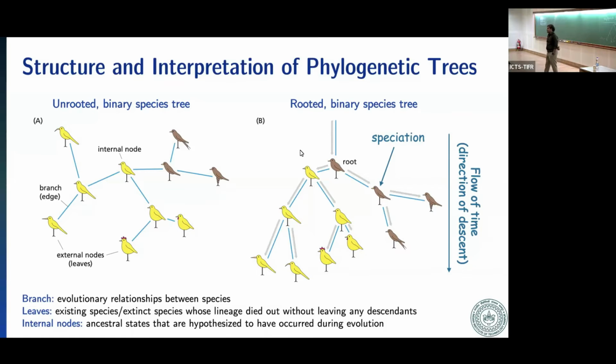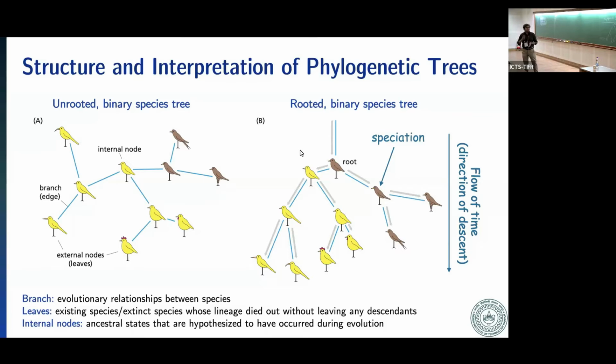So these internal nodes represent certain species which are hypothesized to have occurred during the evolutionary process, and we are not seeing them at the current time point from where the snapshot or the data has been taken. The data has been taken only from these leaves, right? So these are the set of observed species.